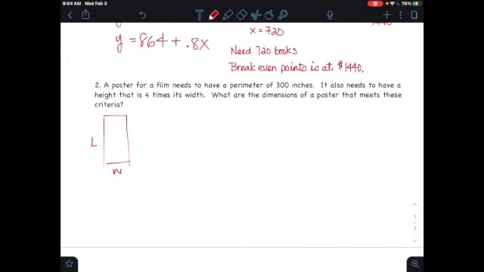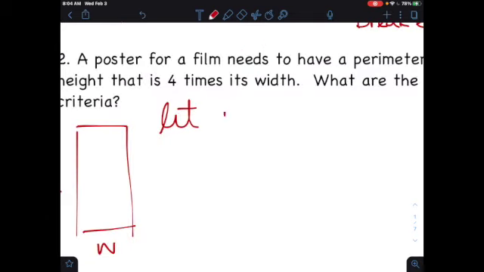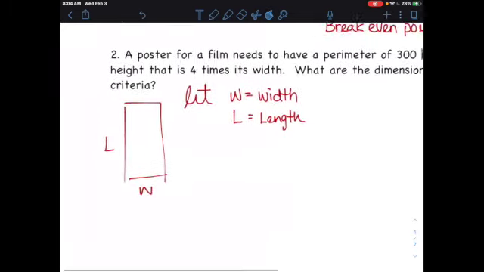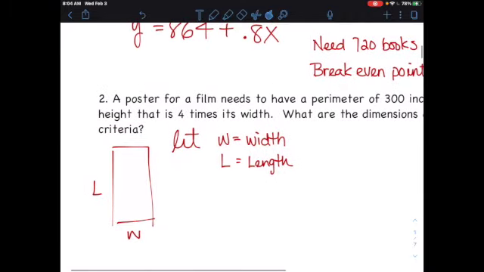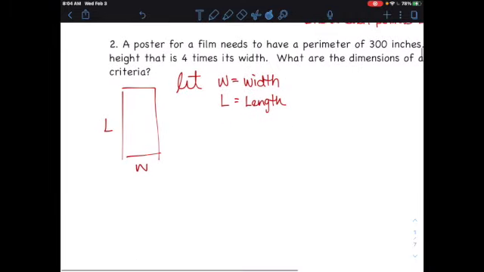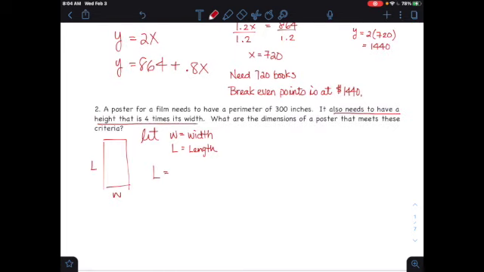Let W equal the width and the length is L. I usually like to use letters to represent what I'm trying to say so I also know what I'm talking about. The width is just W, but the length is 4 times the width, so L equals 4W.